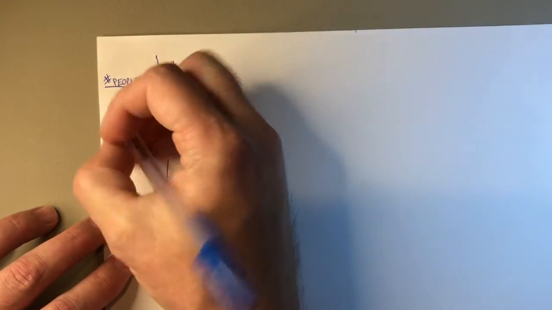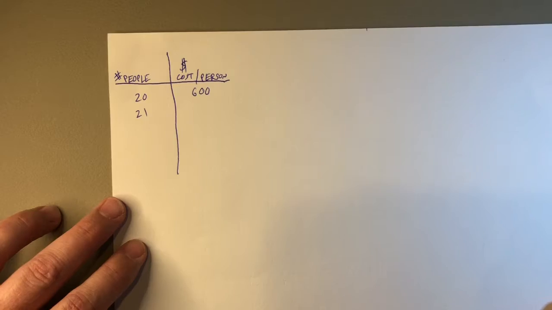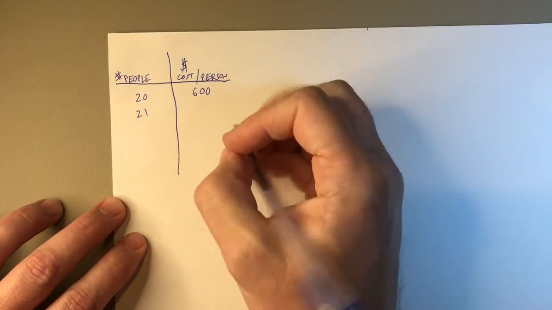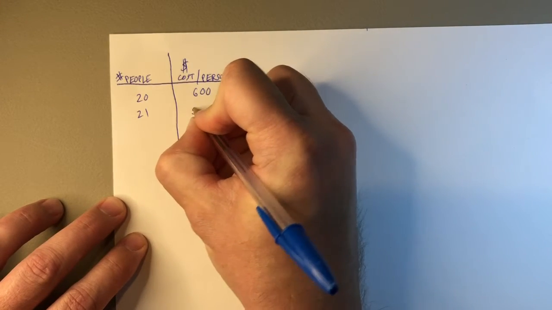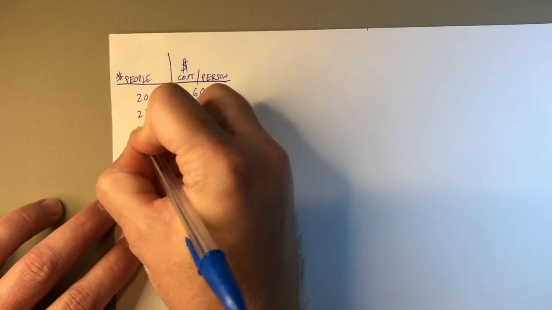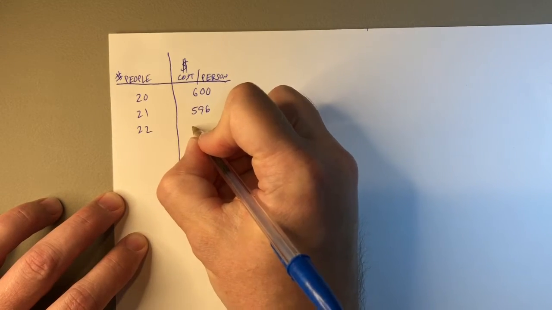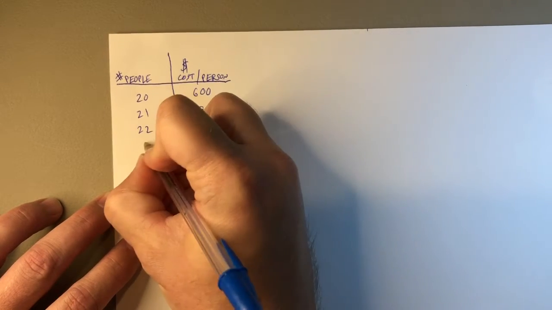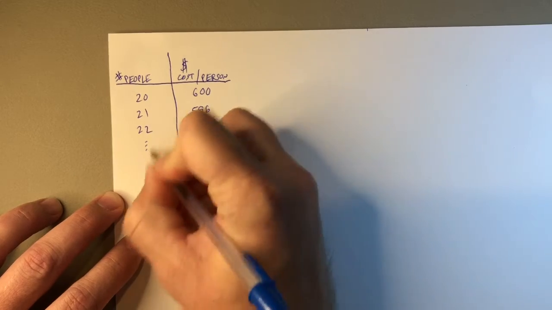So if one more person signs up, bringing us up to 21 passengers, then we reduce the fare by $4. So 600 minus 4 is 596. If another person signs up, we reduce the fare again by $4.